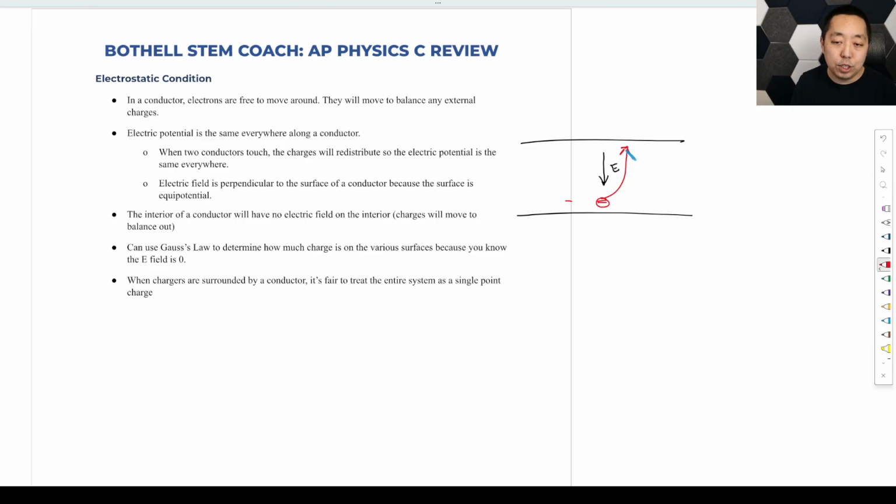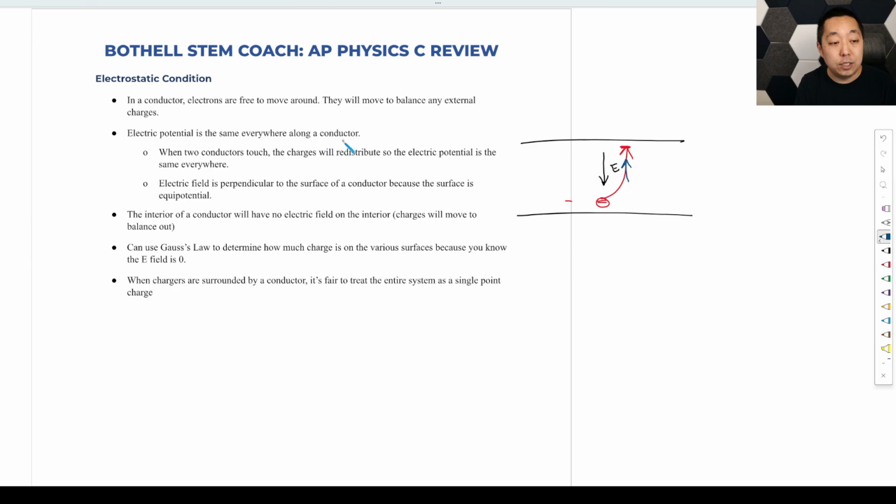So then the negative charge is going to be over here, and that's going to weaken the total electric field because this negative charge creates an electric field in itself going this way. And so eventually the charges are going to settle to where there's no net force on the electrons in there, and that means the electric field goes to zero.